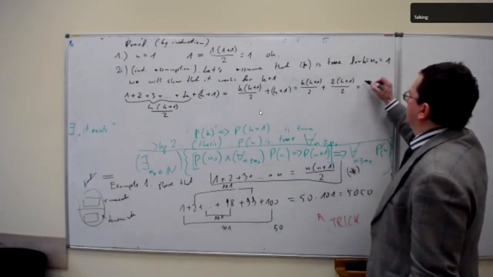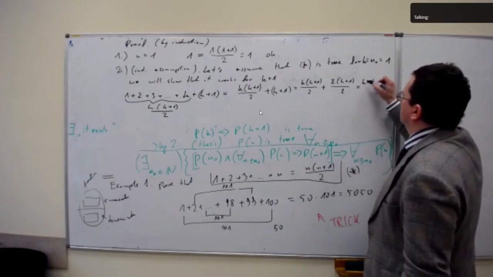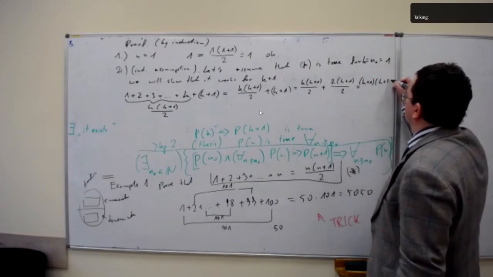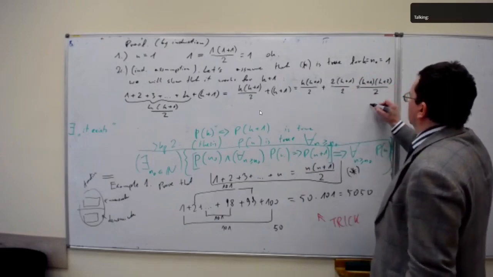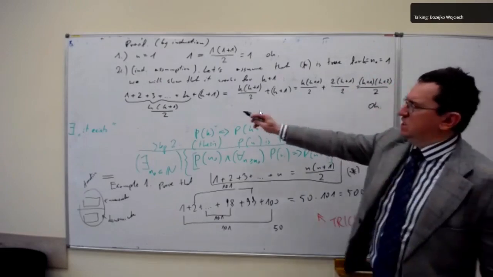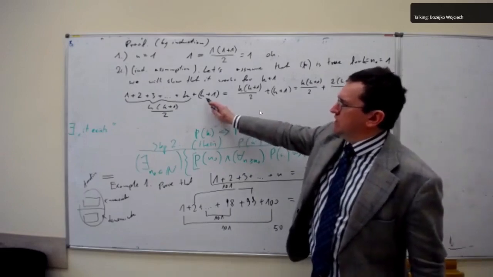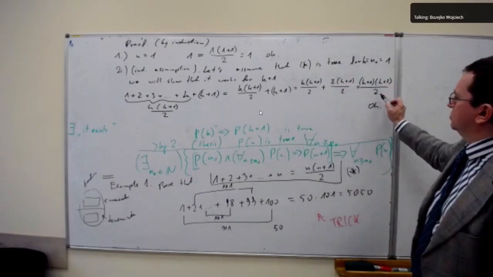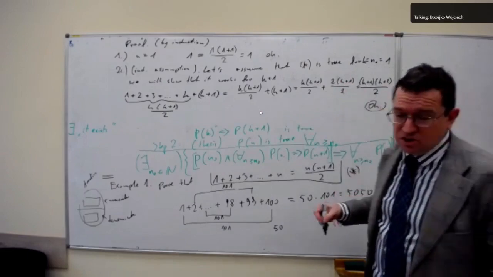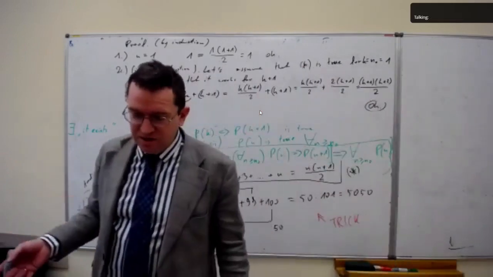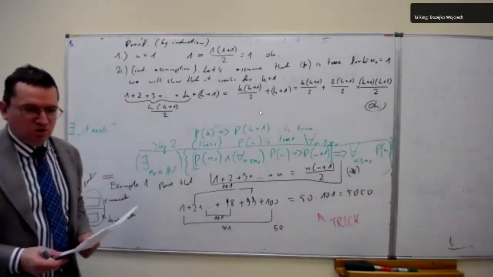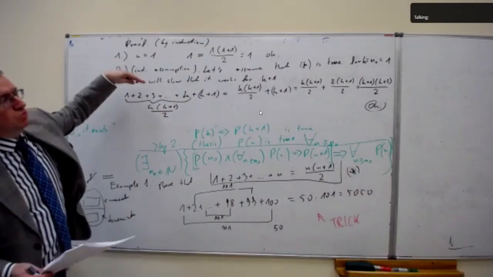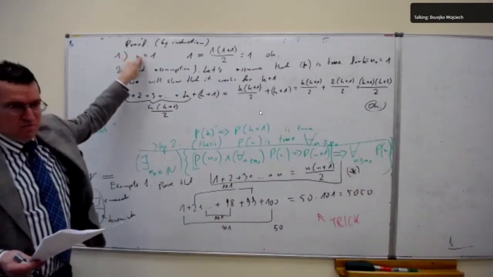So this is k plus 1, and here will be k plus 2, divided by 2. Okay, this is the equation for n equals k plus 1: n plus 1 times n plus 2 divided by 2. Okay, so it ends the inductive proof, because we have assumed that it works for all the n up to some number.